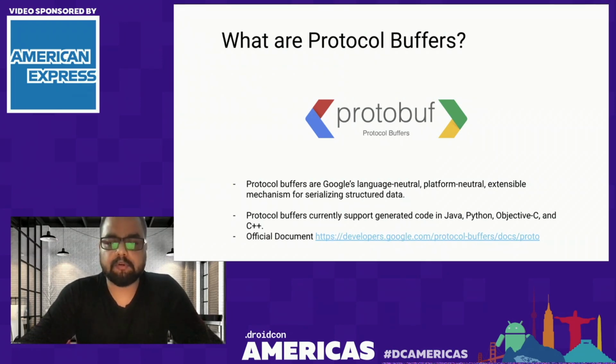Protocol buffers currently support generated code in Java, Python, Objective-C, and C++, so they have a wide range of utility. Also, in terms of speed, reliability and size, protocol buffers stand alone, because they are very light and very fast.